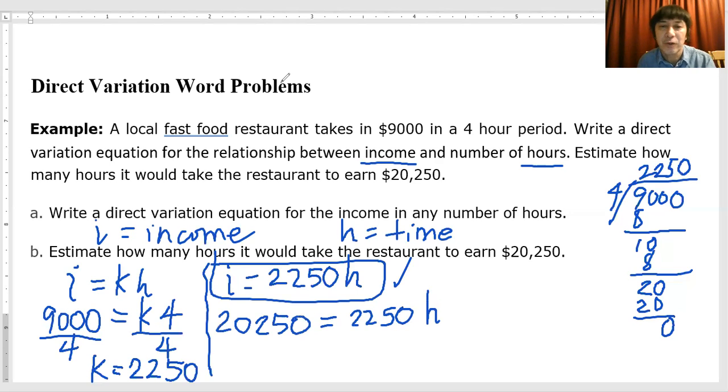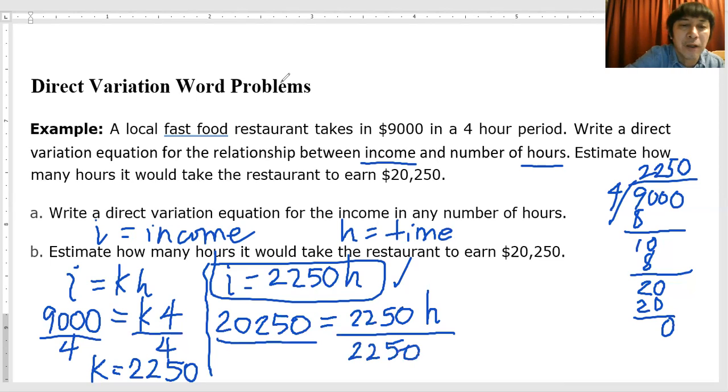This is just by division, so we'll divide both sides by 2250.